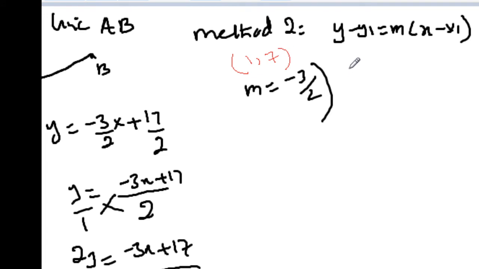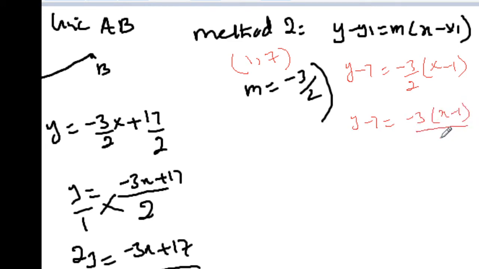So put the point here, y minus 7 is equal to minus 3 over 2 and x minus 1. Now see here, y minus 7 is equal to minus 3 into x minus 1 over 2. So cross product here, 2 into y minus 7 is equal to minus 3 into x minus 1.